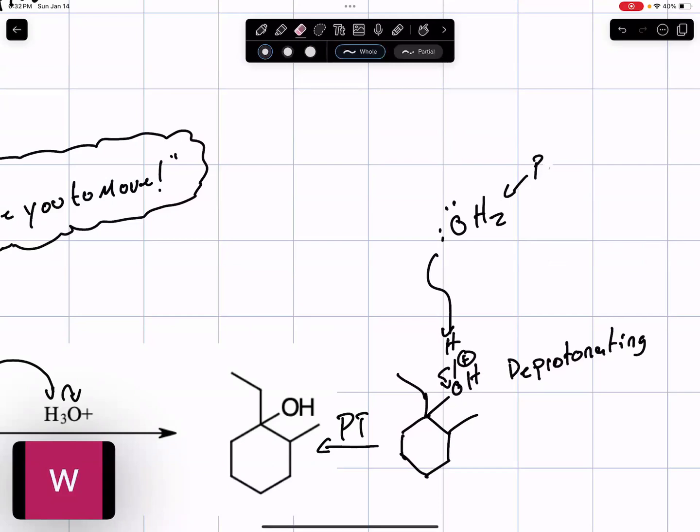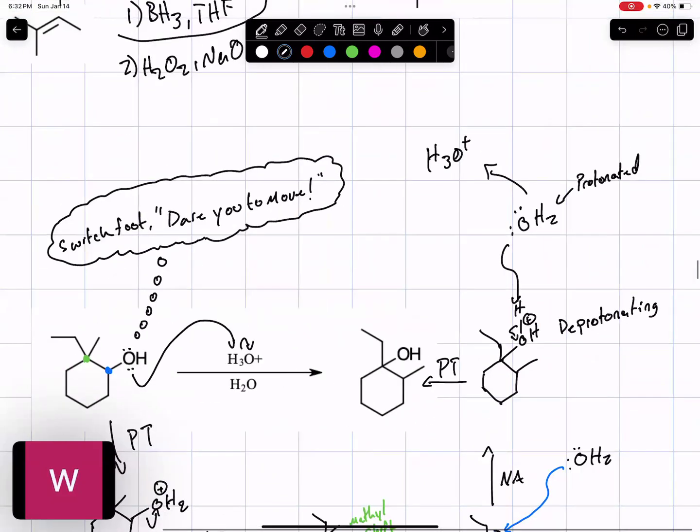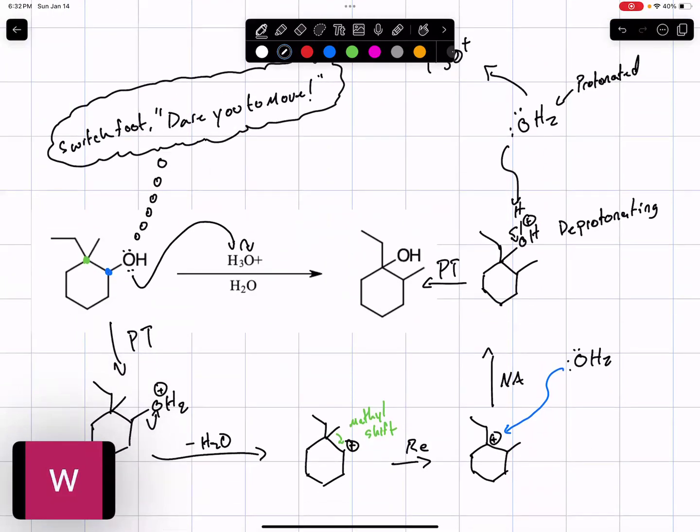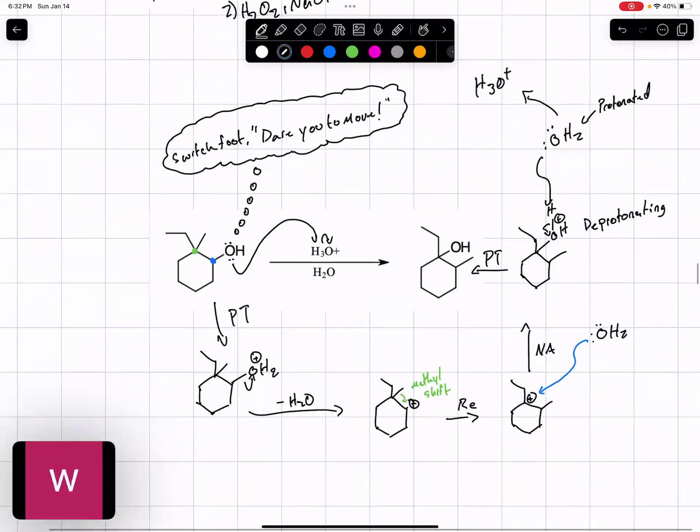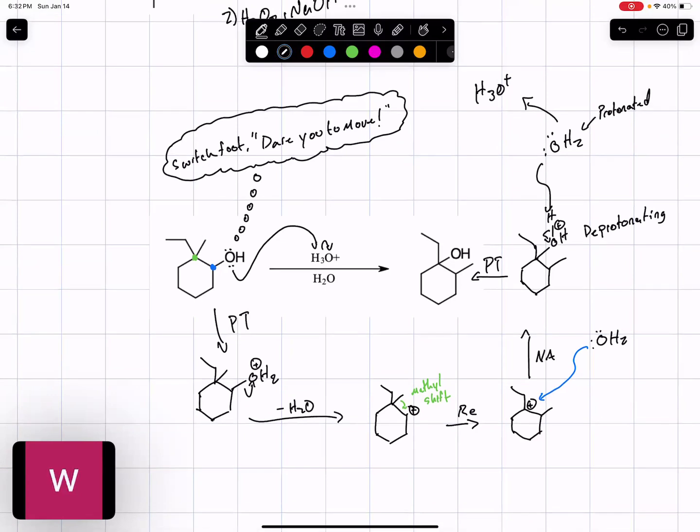This is being protonated to then form hydronium, right? Because hydronium acts as a catalyst. It's neither consumed nor produced. It just reforms. It's just used to help this reaction move forward. Okay, and that's how we moved that OH from one side, the carbon in blue, to the carbon in green, and we had a methyl shift, basically allowing that to happen. Okay.